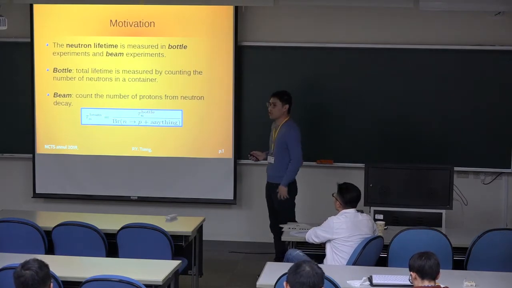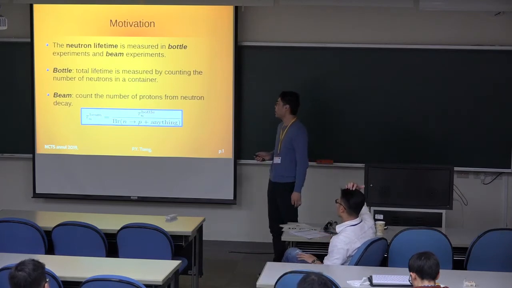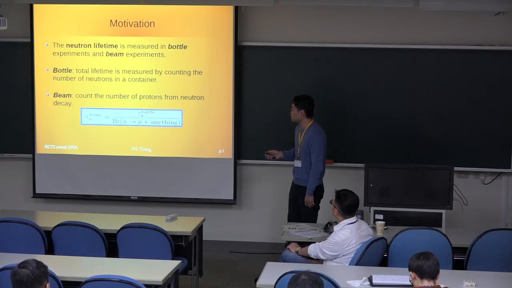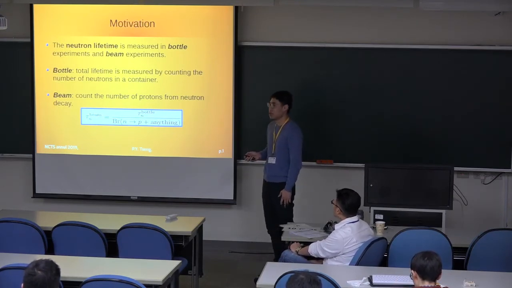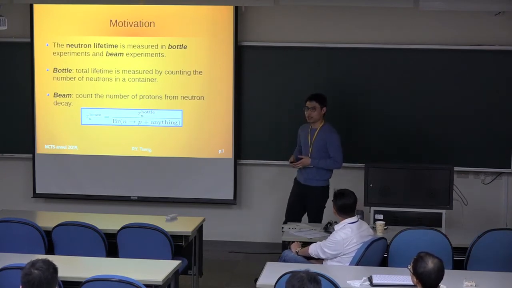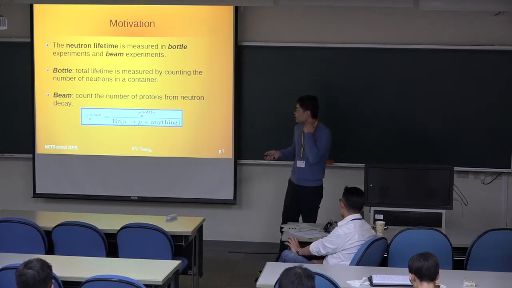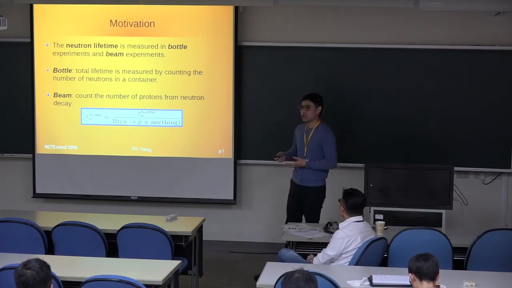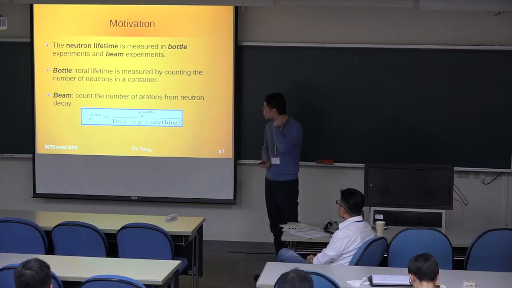The neutron lifetime anomaly comes from two different experimental methods to measure the neutron lifetime. One of them is called the bottle experiment, and the other is called the beam experiment. For the bottle experiment, they prepare the neutrons inside a container, and they count the total number of neutrons as a function of time, so they can extract the lifetime of the neutron.